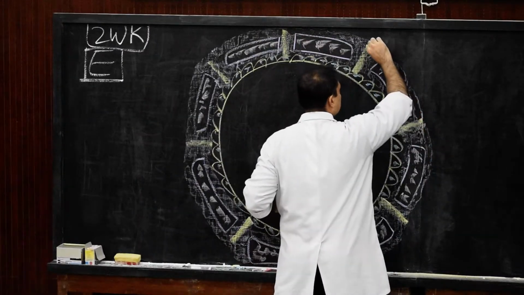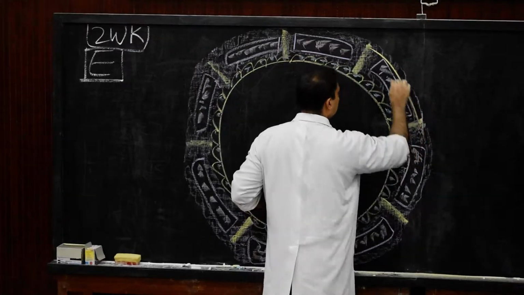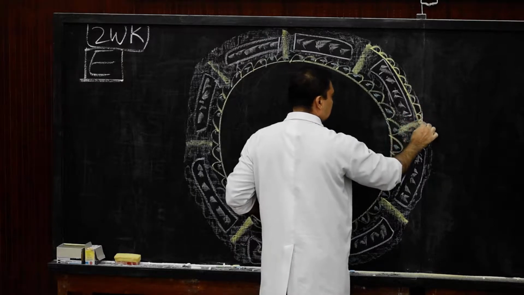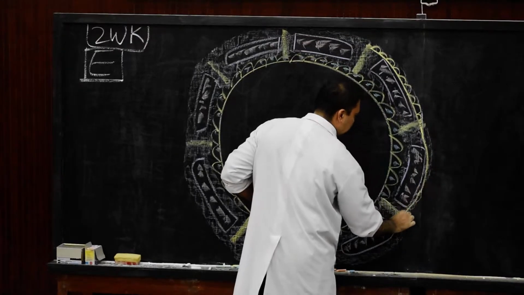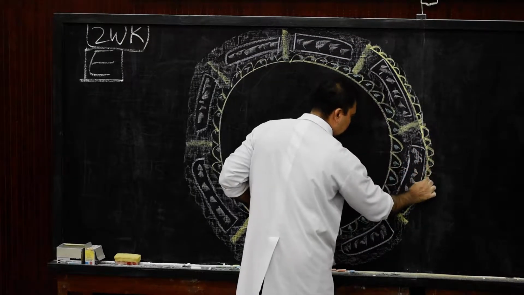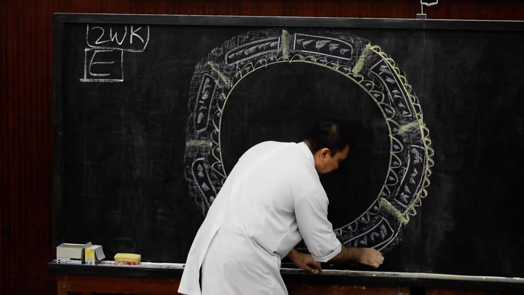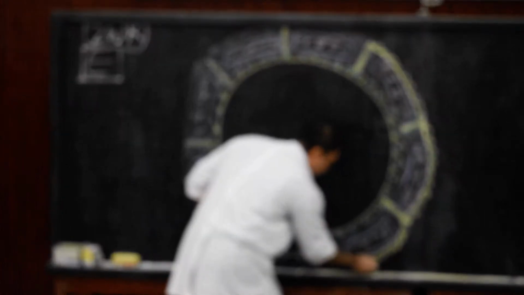Here there will be a cytotrophoblastic layer within the outer syncytiotrophoblast, and this is known as the cytotrophoblastic shell. Please draw this cytotrophoblastic shell which I am drawing.